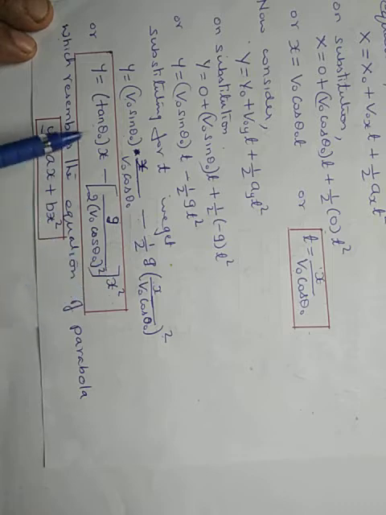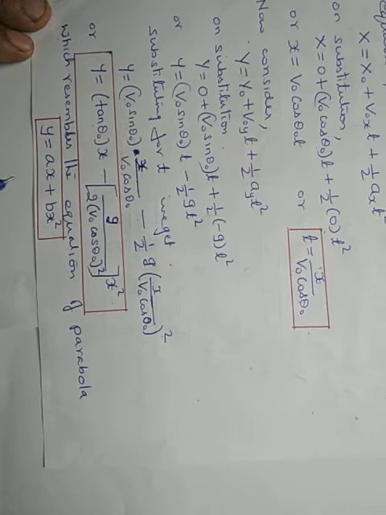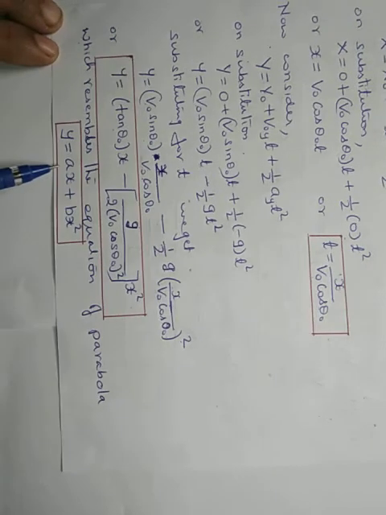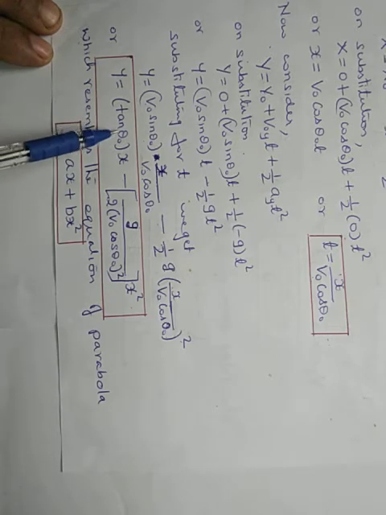If we observe this equation, it resembles the equation of parabola. In mathematics you have studied the equation for parabola. In the graphical method it is in the form y equal to ax plus bx square. Here tan theta naught is the initial angle, that is constant.